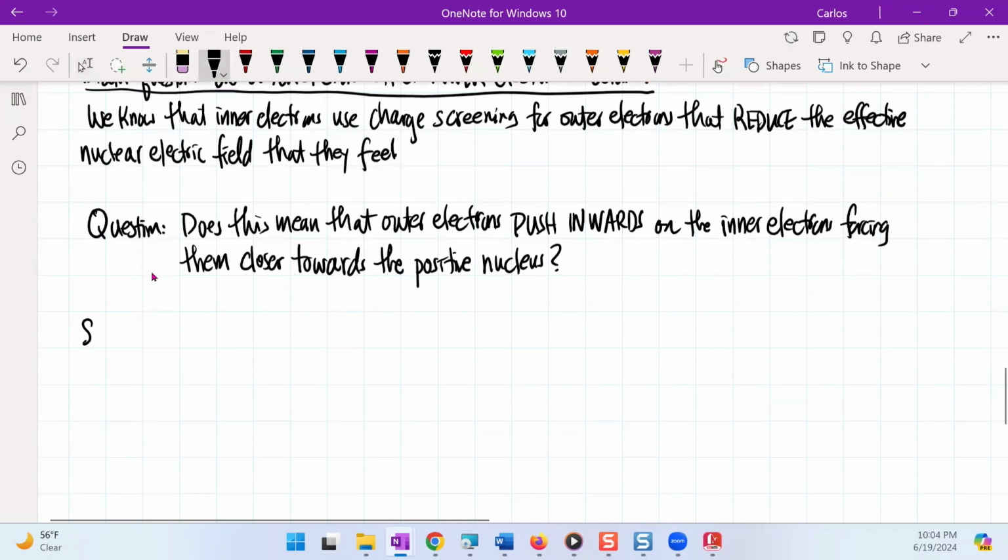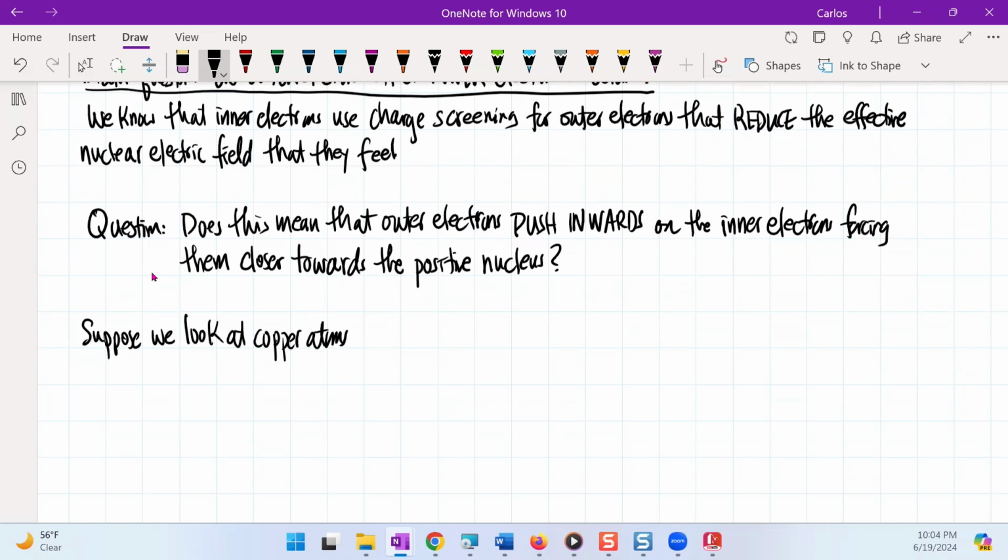Suppose we look at copper atoms and focus on the 29th electron in the fourth shell.